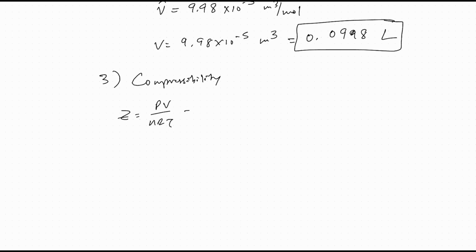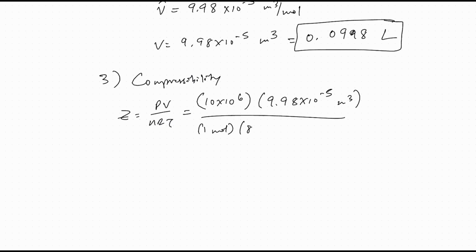So we have 10 times 10 to the sixth times the volume, got to keep everything in SI units, 9.98 times 10 to the minus fifth meter cubed, over n, which is 1 mole, times 8.314 joules per mole Kelvin, times, lastly, the temperature, 320 Kelvin.